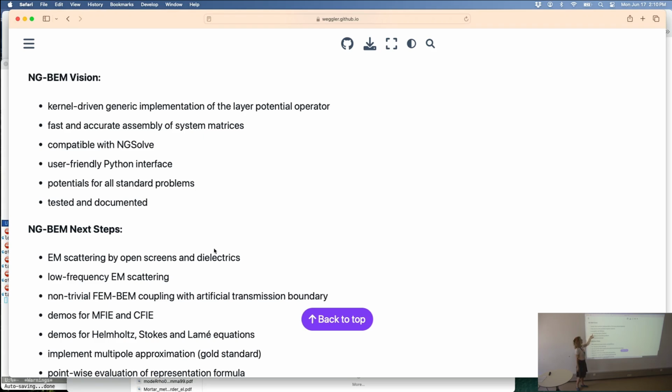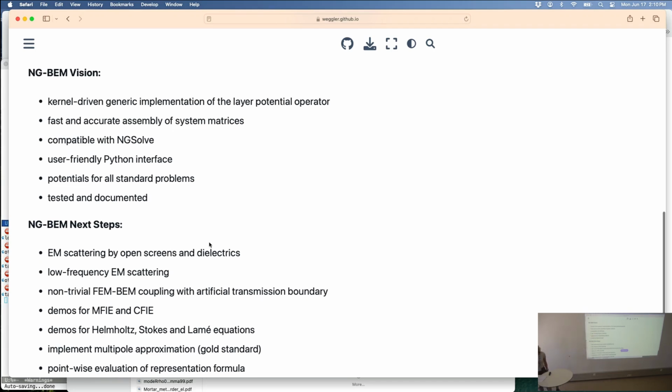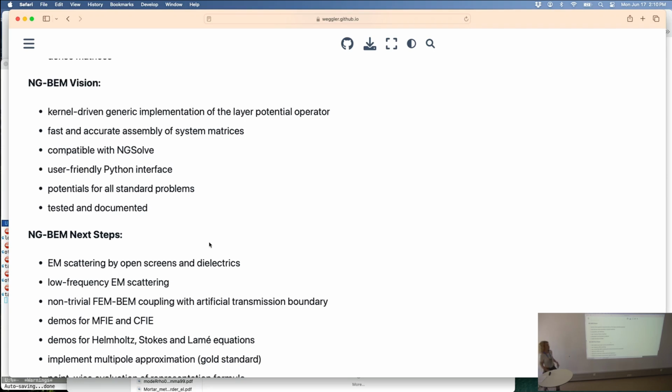We want, as you know it from NGSolve, a user-friendly Python interface. We want all potential for standard problems, so we want to implement those generic potential operators such that you don't need to implement the standard problems for yourself, but we offer the standard problems already. And of course, we want very good, well-documented and tested code. So this is the vision.